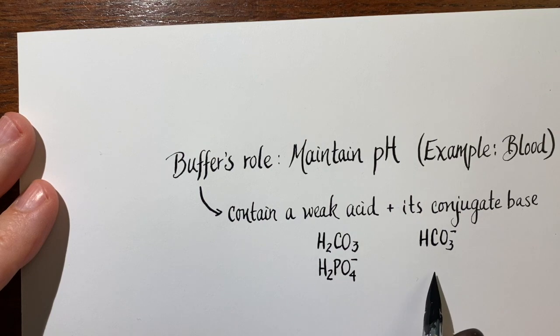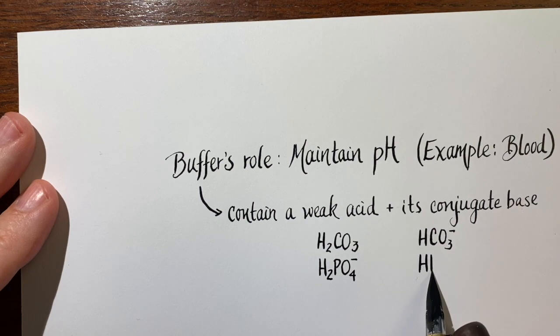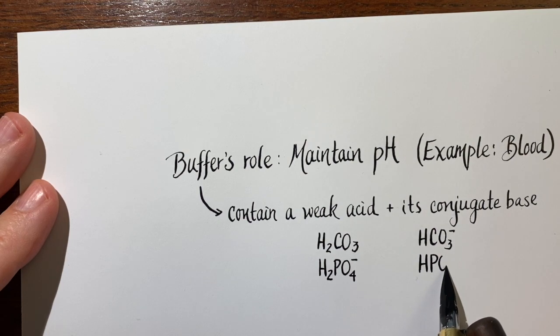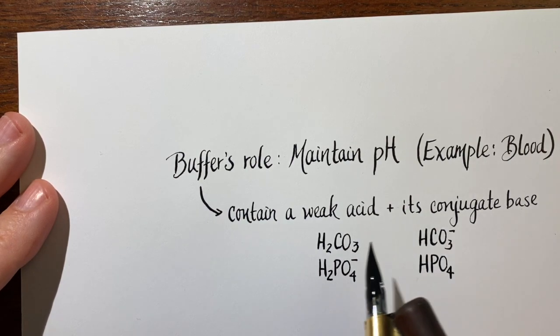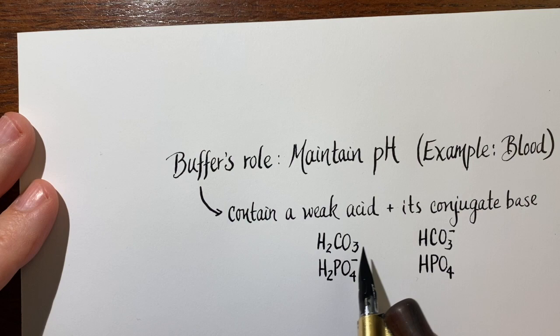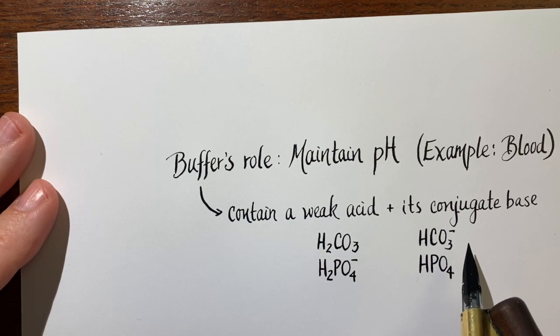And its conjugate base, once again, we remove hydrogen. So, H2PO4. And because we're always removing a hydrogen ion, H+, that's why here we start with a neutral, and we end up with negative, because we've removed H+.